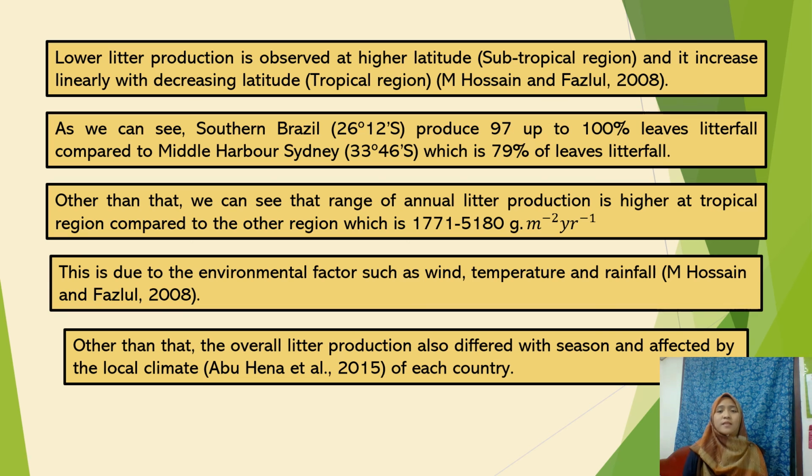Other than that, the range of annual litter production is higher in the tropical region compared to other regions, which is 1,771 up to 5,180 grams per square meter per year. This is due to environmental factors such as wind, temperature, and rainfall. The overall litter production also differed with season and was affected by the local climate of each country.